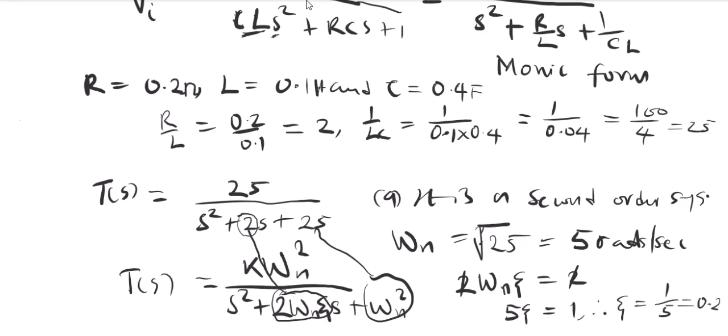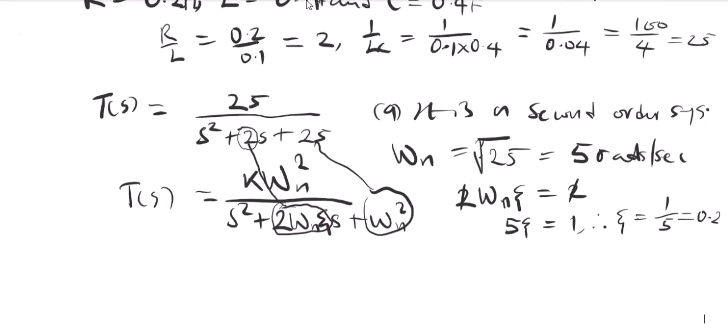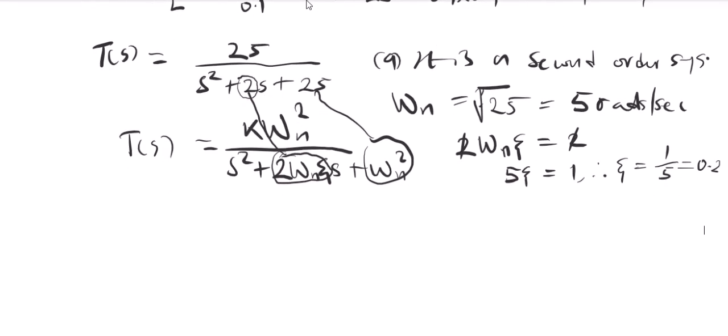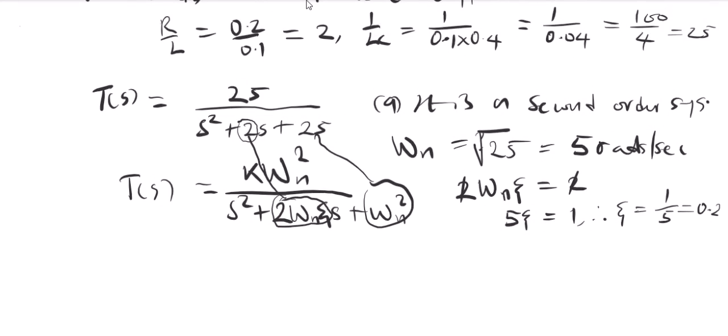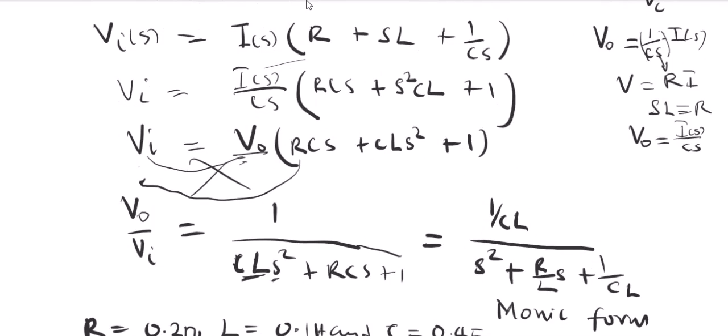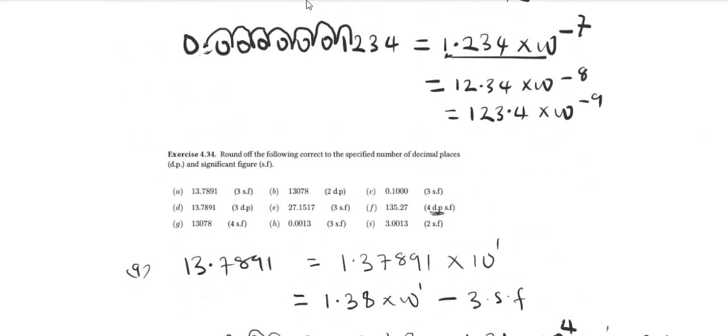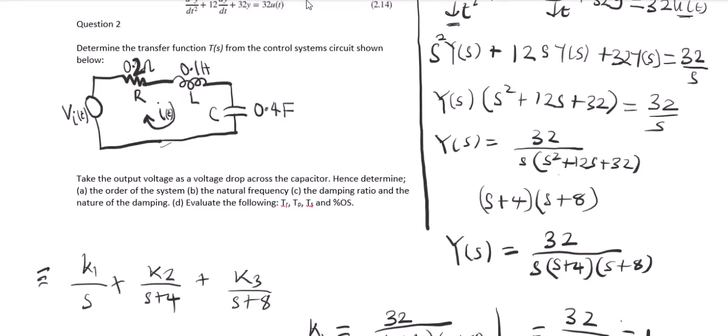So from 0.2 we now pause to answer the next question. Let's go back up a little and see the question. It says the order of the system, which we've solved, then the natural frequency, the damping ratio, and the nature of the damping.